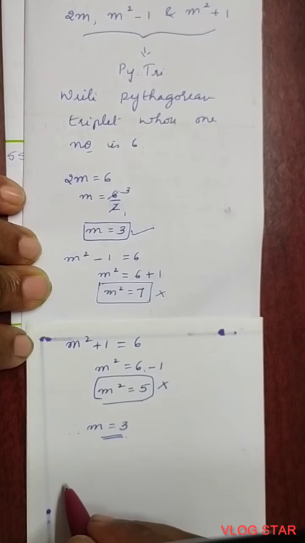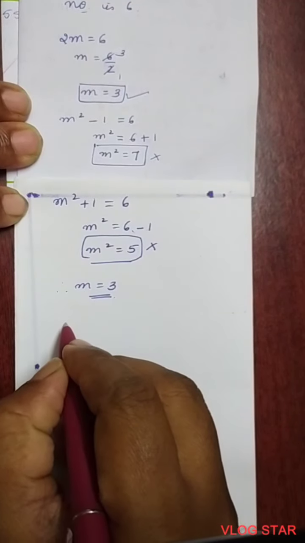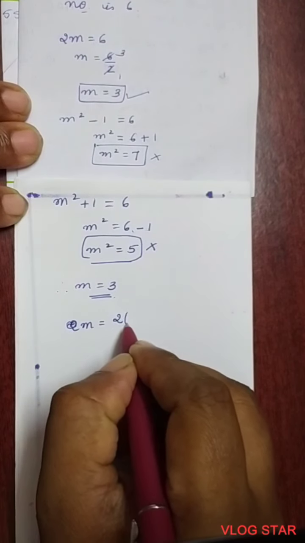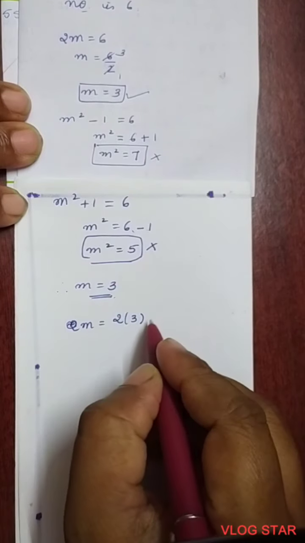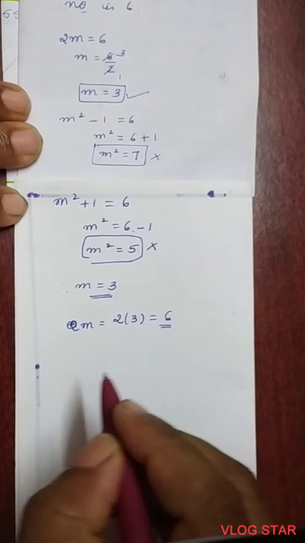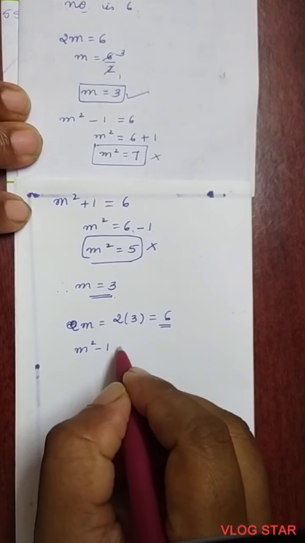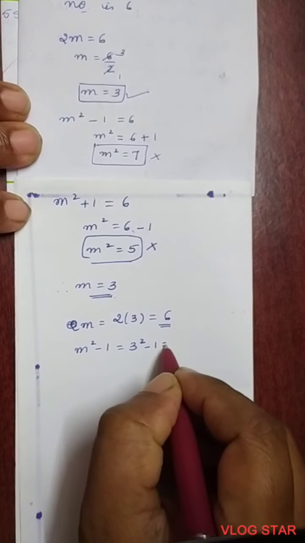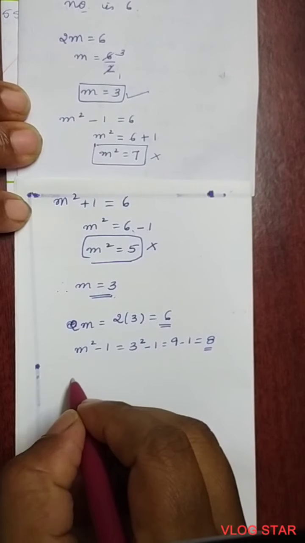Now let us find the three numbers of the Pythagorean triplet. The first number is 2m, 2 into m, and we already got m as 3, so it is equal to 6. Then the second number is m² − 1, that is 3² − 1, 9 minus 1 is equal to 8.